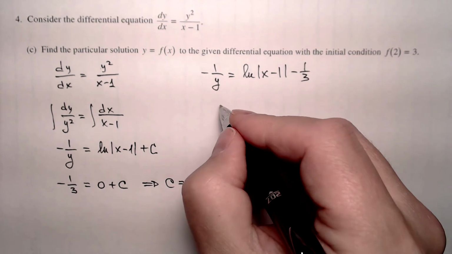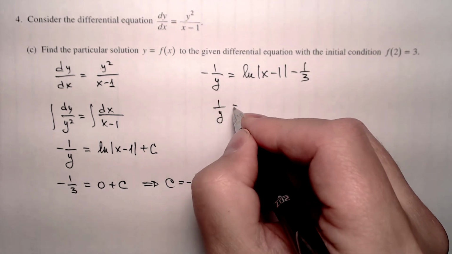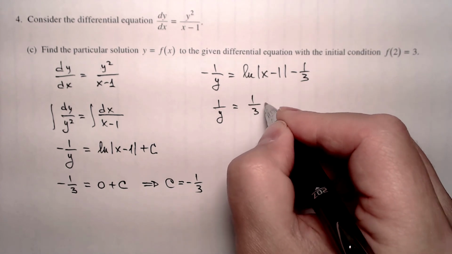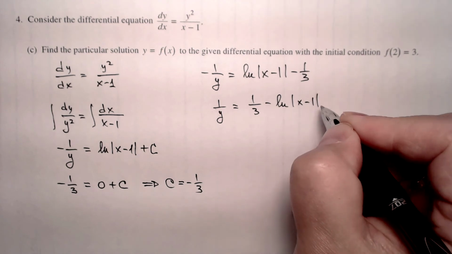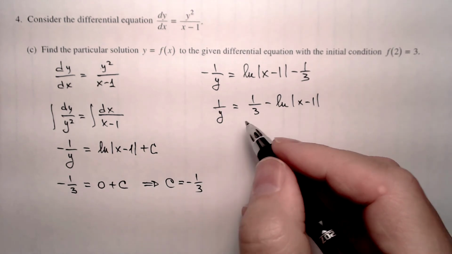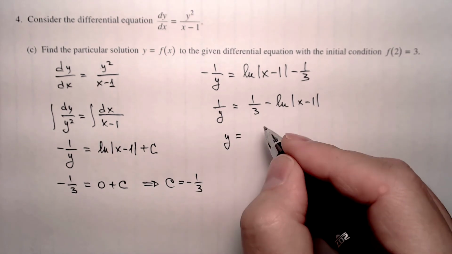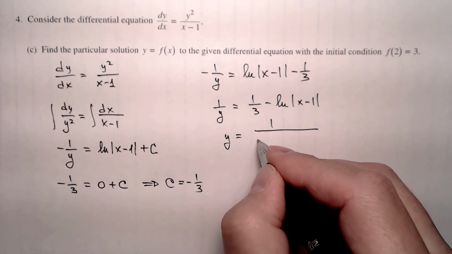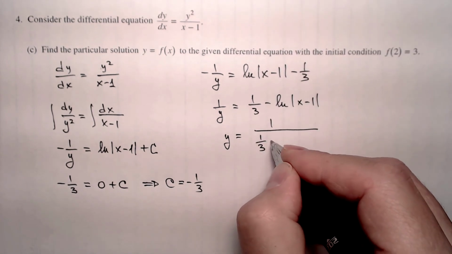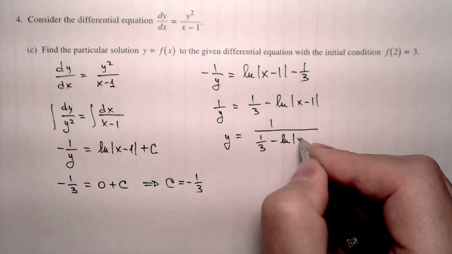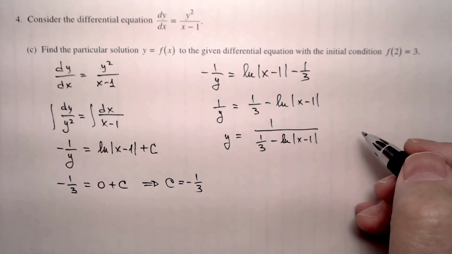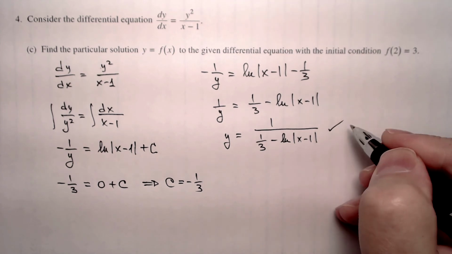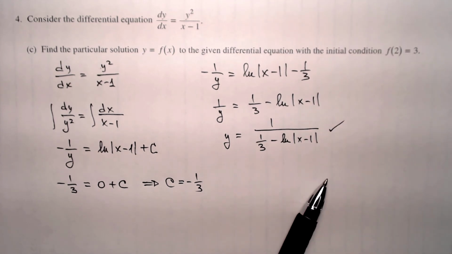Multiplied by negative 1, 1 over y equals 1/3 minus ln absolute value of x minus 1. And so taking the reciprocal, we get y equals 1 over 1/3 minus ln of absolute value of x minus 1. And so this is the particular solution to this differential equation.